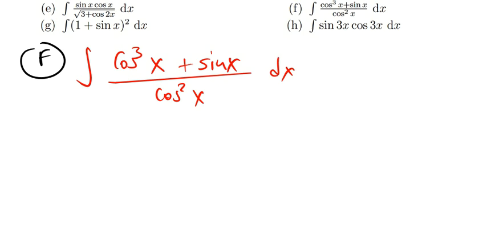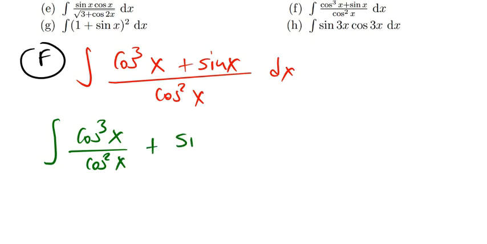This is a common denominator. We can just go on and try to divide. So cosine cubed of x divided by cosine squared of x plus sine of x divided again by the same cosine squared of x. We can break it down: cosine of x times cosine of x. Okay, we can decide to put a 1 there, dx.